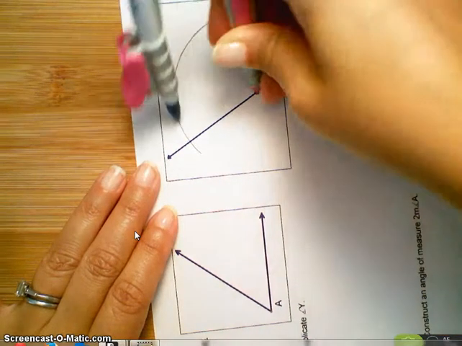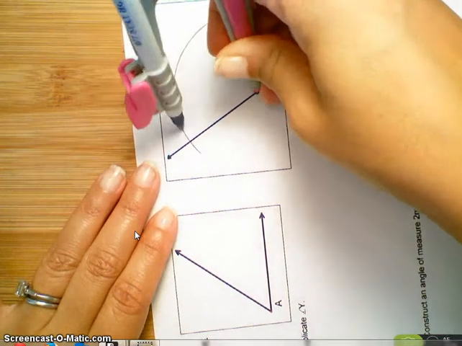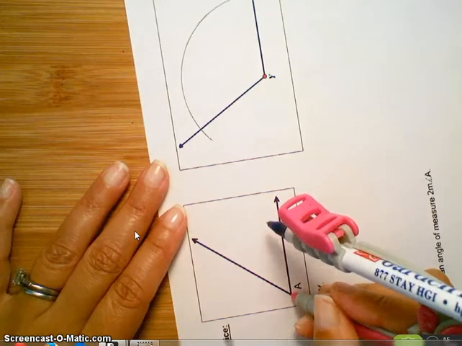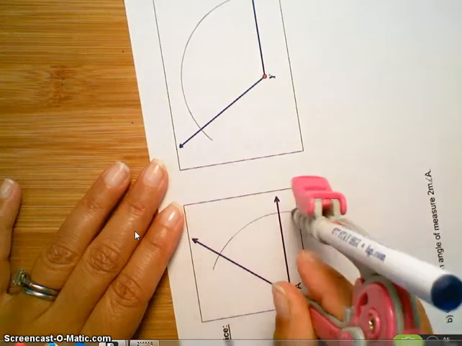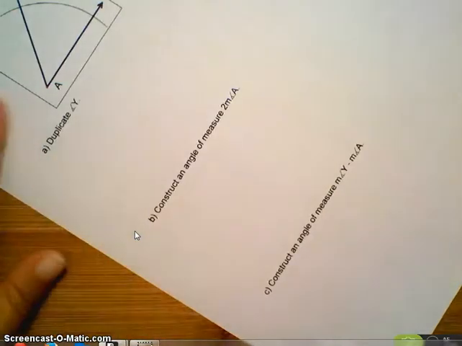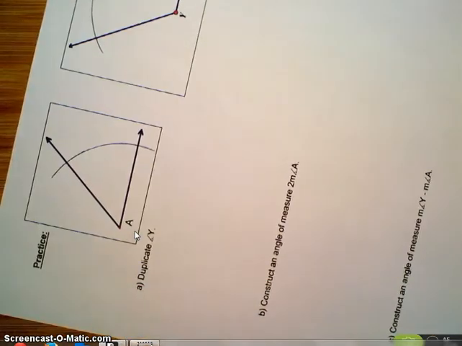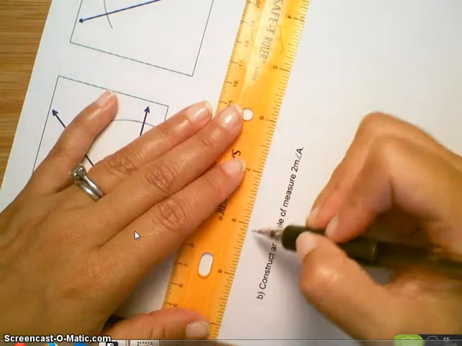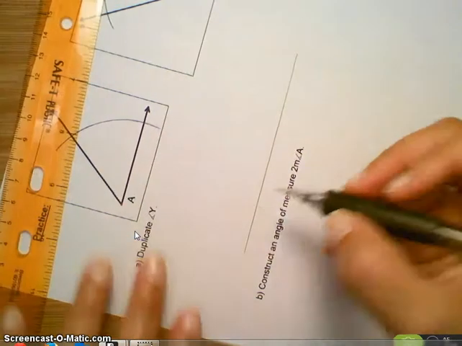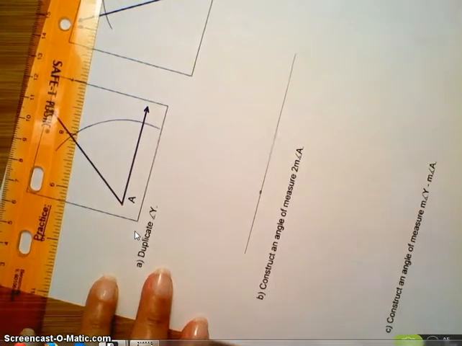Whatever radius I used on angle Y, I'm going to use the same radius on angle A. Okay, once that's set, I come down here to where I'm going to duplicate angle Y. I take my ruler and make a line, and put a dot on that line.